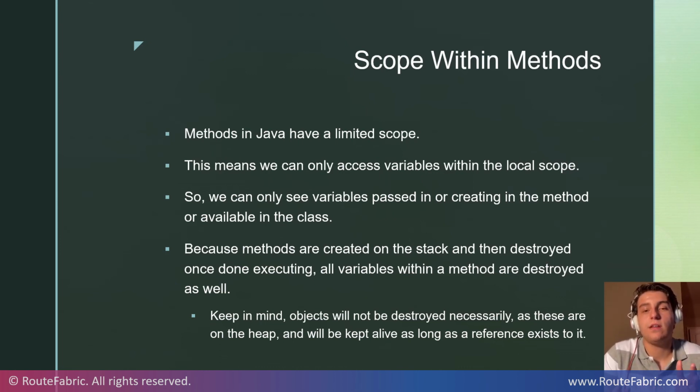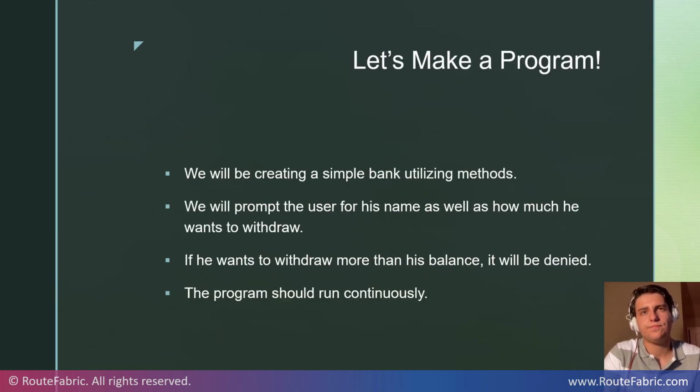We can end up destroying objects in our method if we were to destroy a reference to it. But the objects will be kept alive as long as a reference exists. As long as there's a reference to an object somewhere, and that reference is still valid and within scope, the object is going to continue to exist.